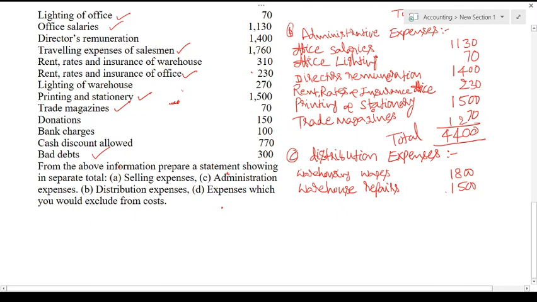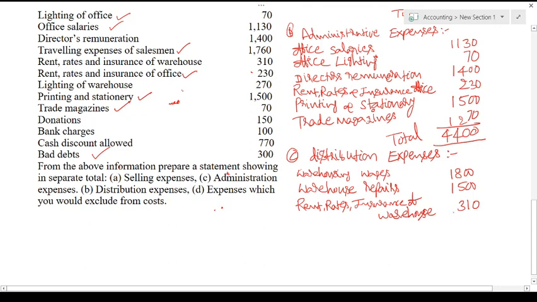Rent, rates, insurance of warehouse, 310 rupees.